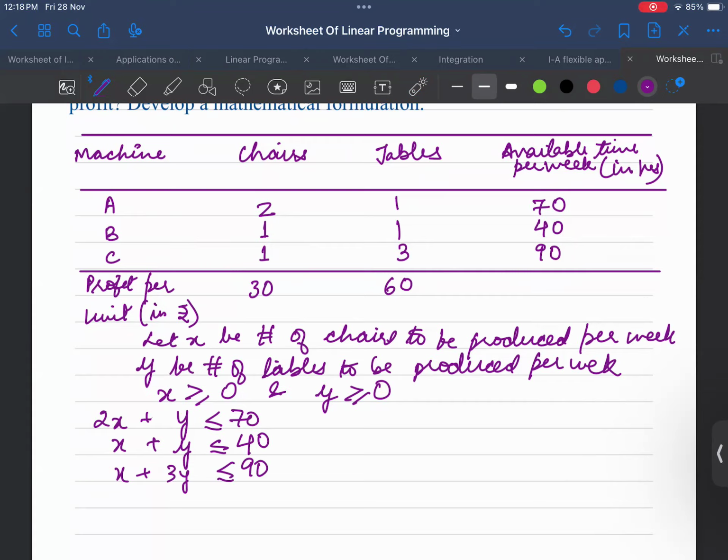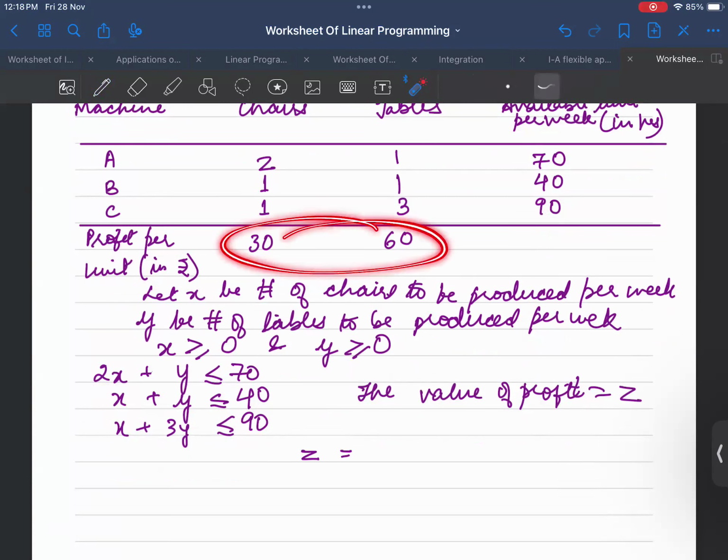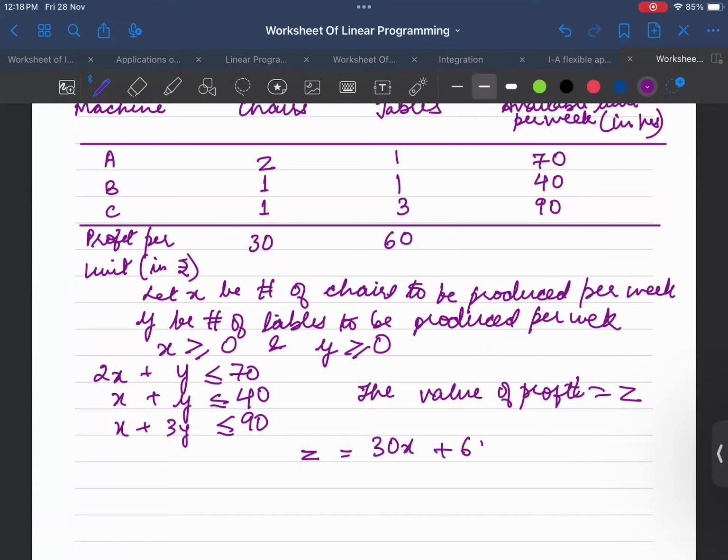Now, we can say the value of profit, let's say Z, and we know that Z is equal to 30x plus 60y, because x is the number of chairs, and if we are producing one chair, then we're getting a profit of 30 rupees.